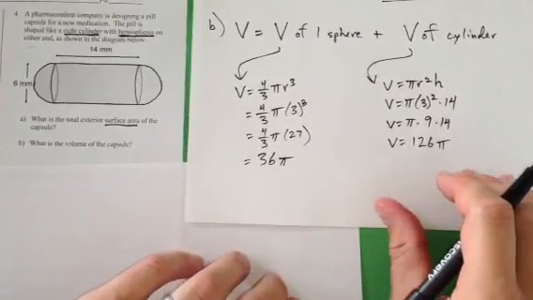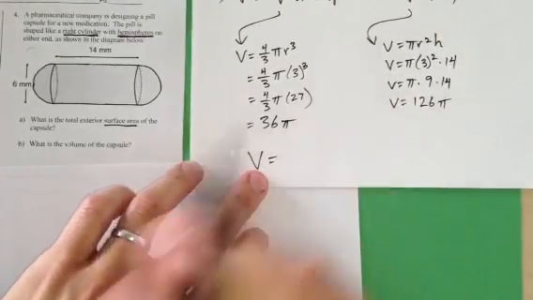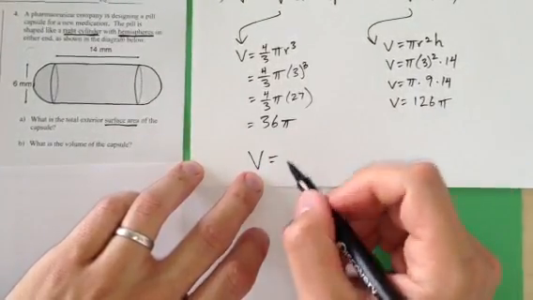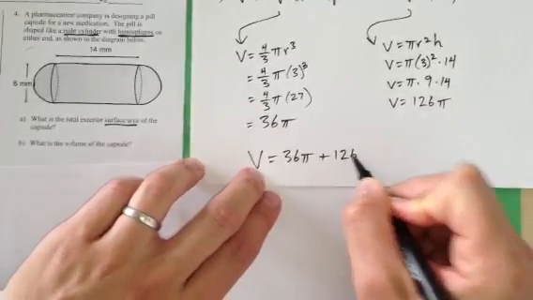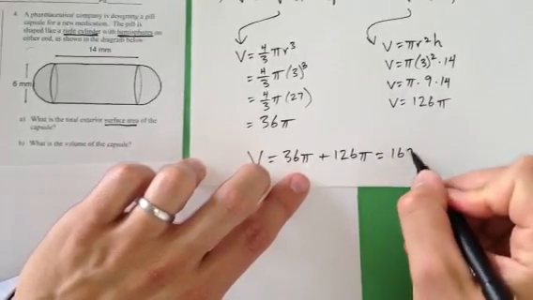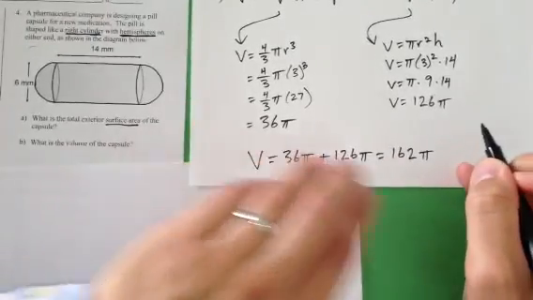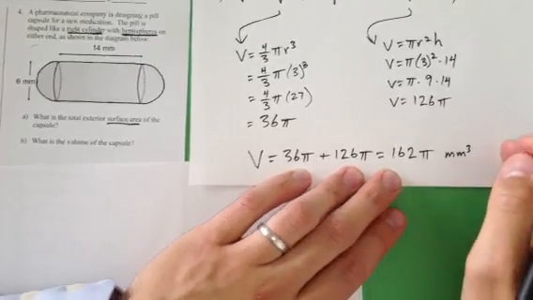The volume of the entire capsule is going to be the sum of the sphere and the cylinder. So the volume equals 36 pi plus 126 pi, which equals 162 pi cubic millimeters, because we're dealing with volume.